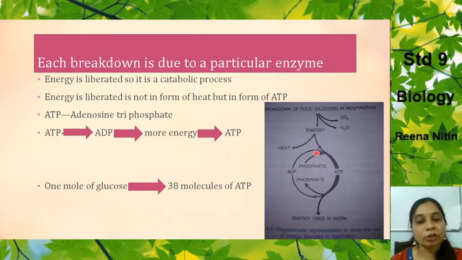This is a diagrammatic representation to show how the energy liberated during the process of respiration is used up. Here I have put that 1 mole of glucose gives 38 molecules of ATP. I explained to you how you got the 38, that is from 36 plus 2 molecules.